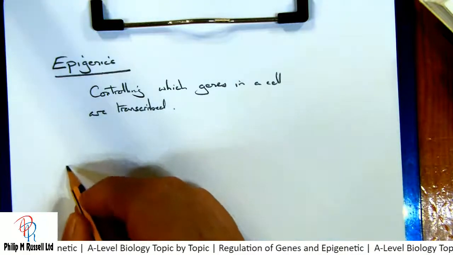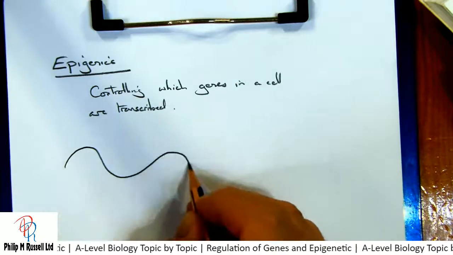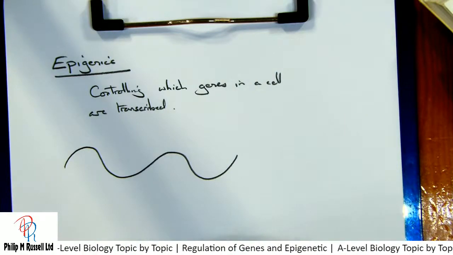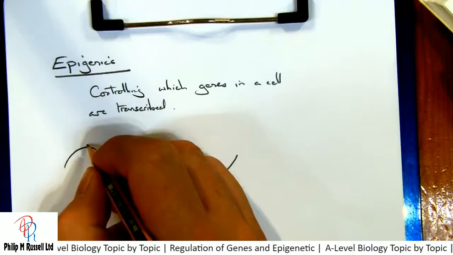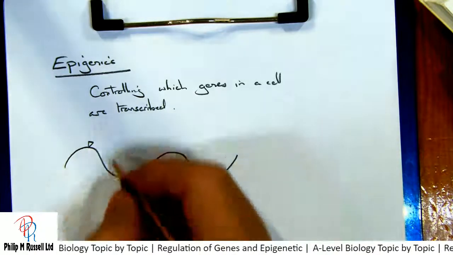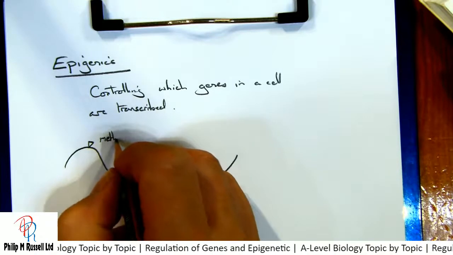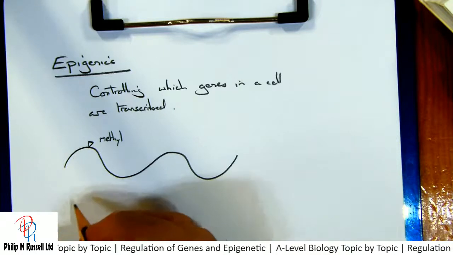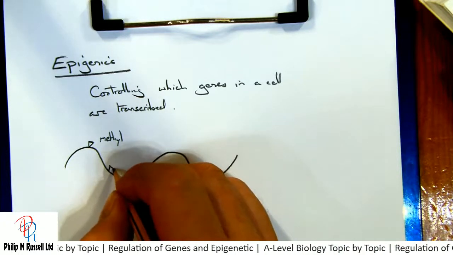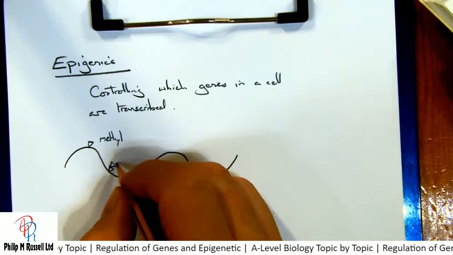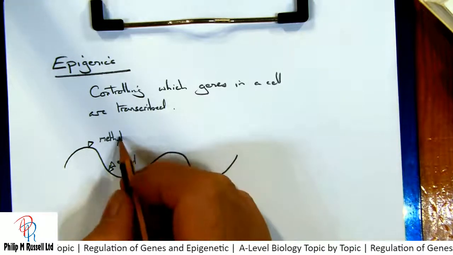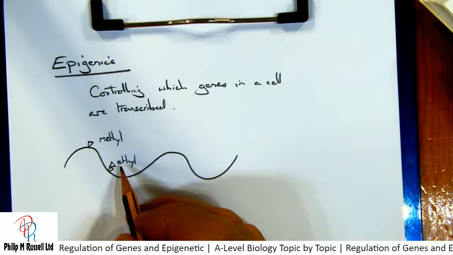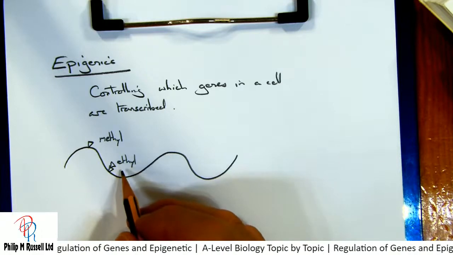So if I've got my piece of DNA, and the drawing doesn't get any better, what we can do is we can attach different molecules. We can attach a methyl group, or we can attach an ethyl group, methylation, or we would call this one an acetyl group, an acetylation.